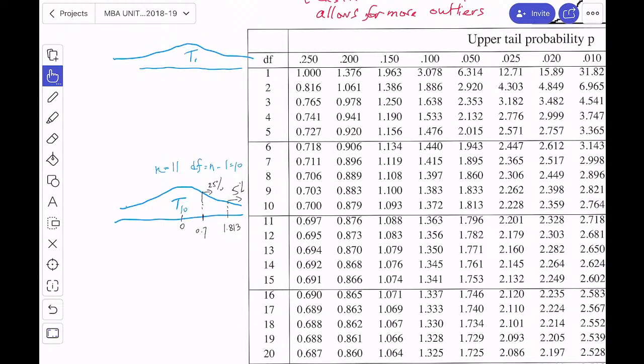Let's do T20. It should be a little bit higher. Should be symmetric and all. I'm just not good at drawing on glass. I have to steady my hand.